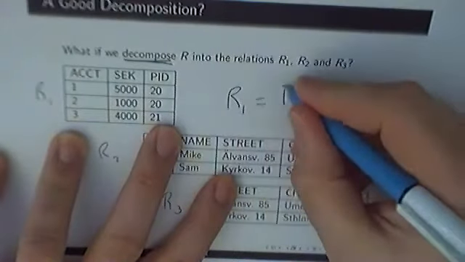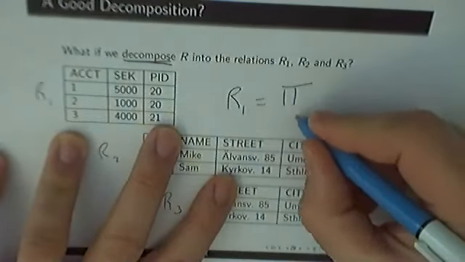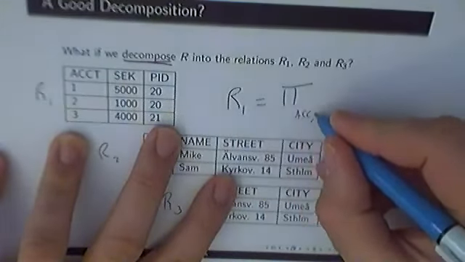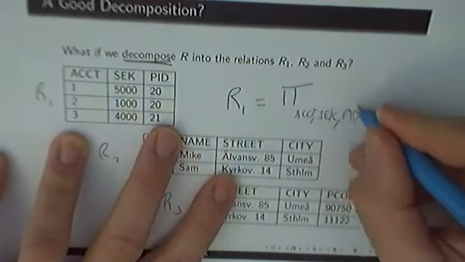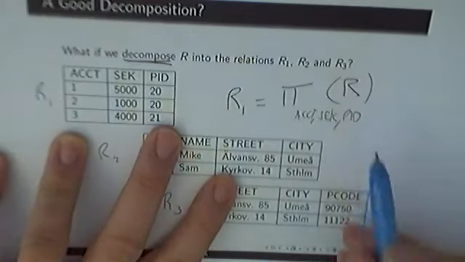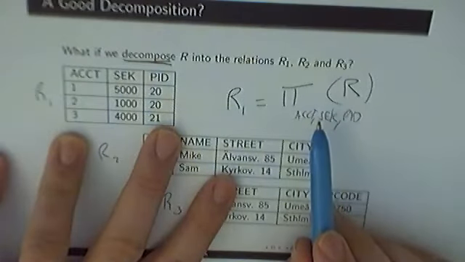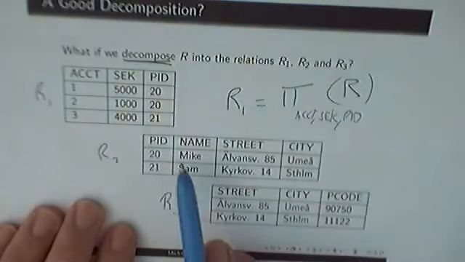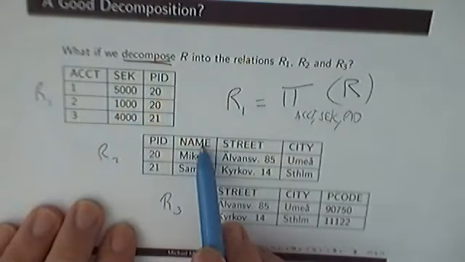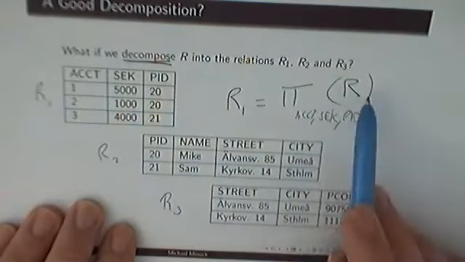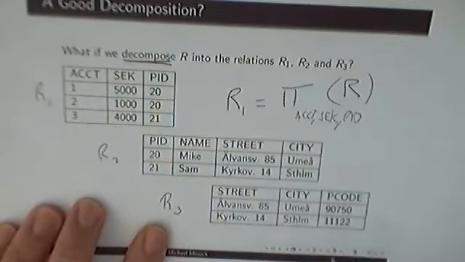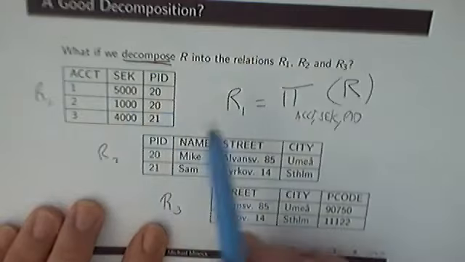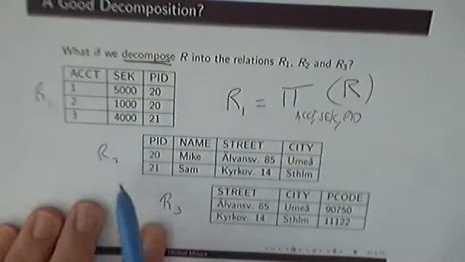R1 equals project account, SEK, PID from R. Likewise, R2 is doing the same thing, but it's projecting on PID, name, street, and city from R. And R3, likewise, street, city, and P code. So that's how these decompositions are calculated.